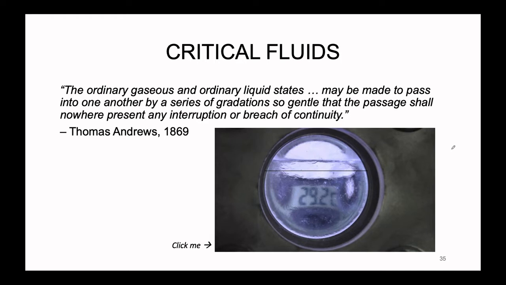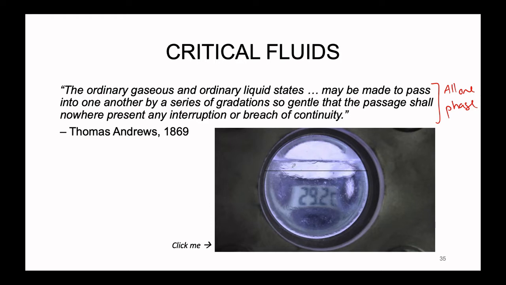And his observation of critical fluids was that the ordinary gaseous and the ordinary liquid states may be made to pass into one another by a series of gradations, meaning that you can't really tell the boundary between the liquid and the gas anymore. So gentle that the passage shall nowhere present any interruption or breach of continuity. In other words, it is all one phase. It is all one thing.